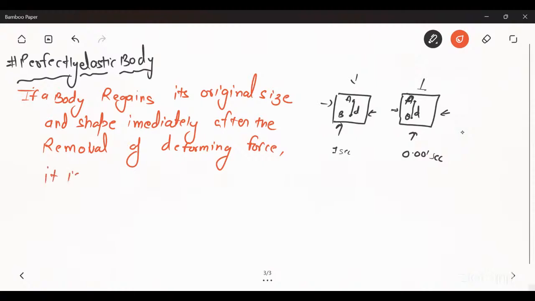Then it is said to be a perfectly elastic body. Okay, so this is the example of a perfectly elastic body. Just a minute. Okay, so a perfectly elastic body is a body that regains its original shape and size immediately after the removal of the deforming force.